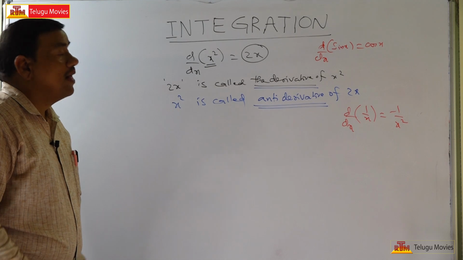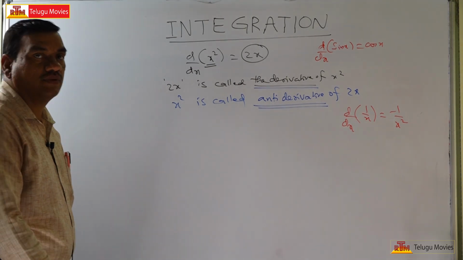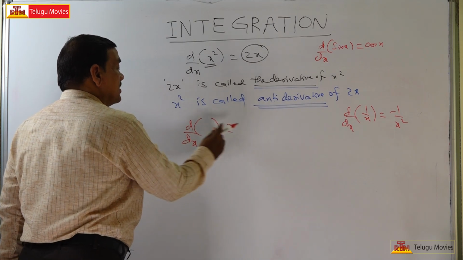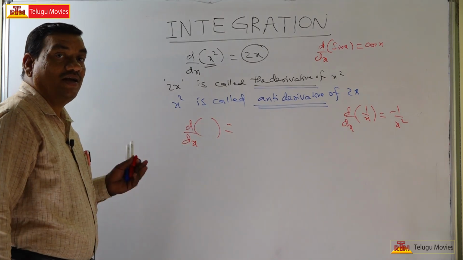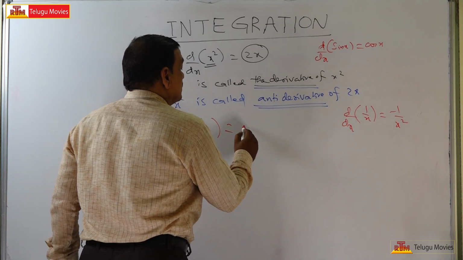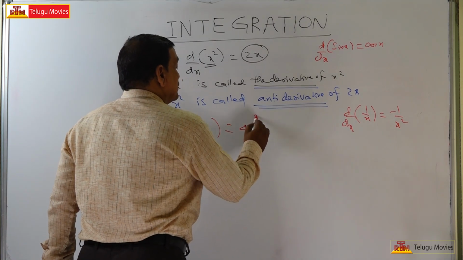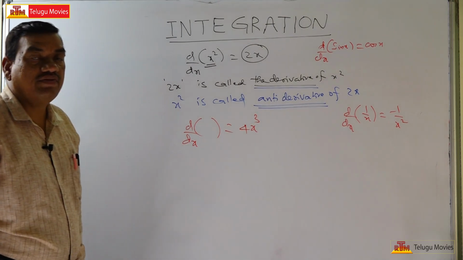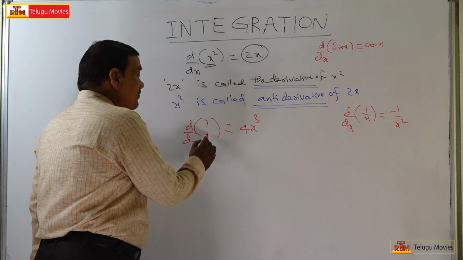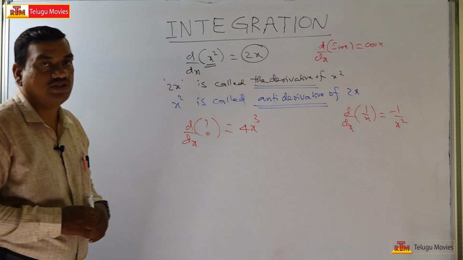But my question is, there is a function I don't know, and its derivative is 4x cube. Then what should your function be? That is the question that arises.